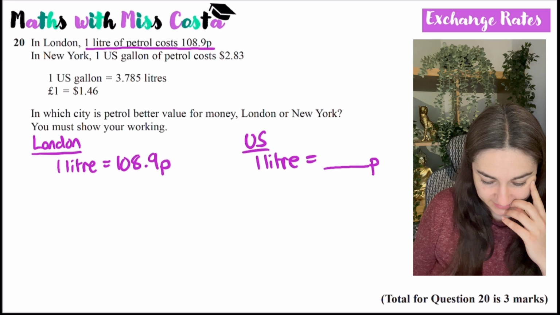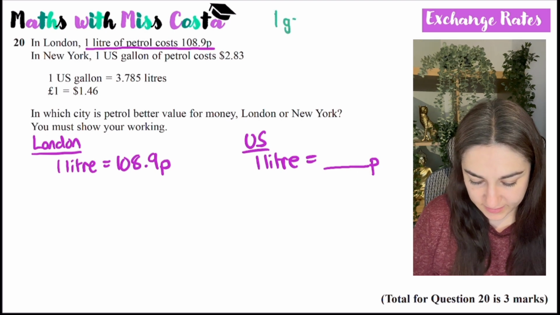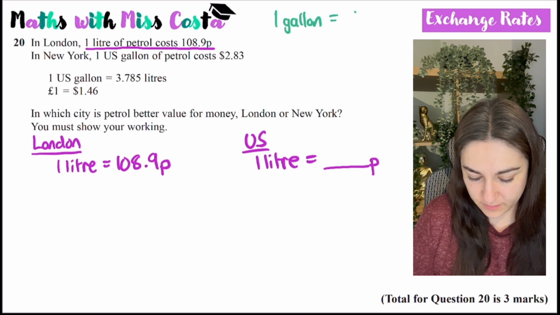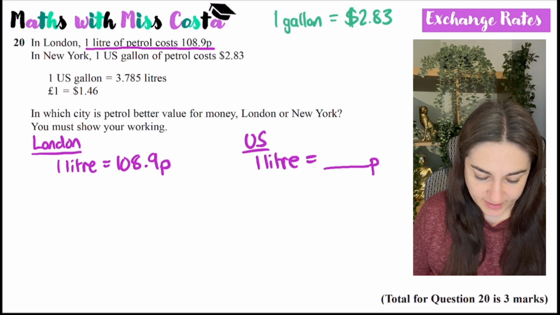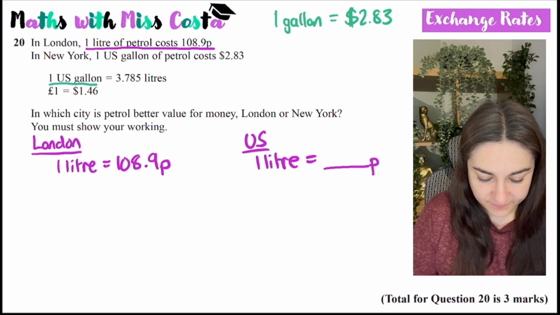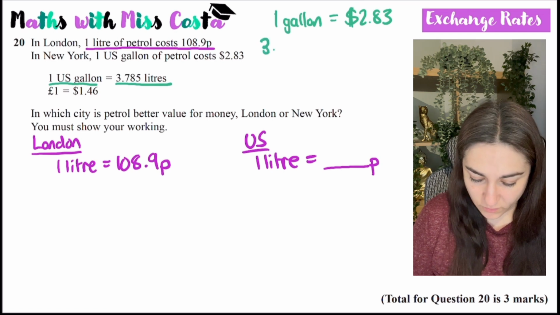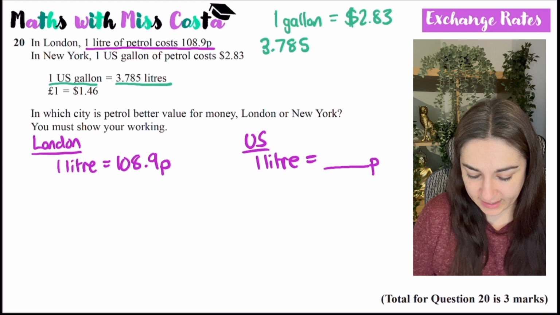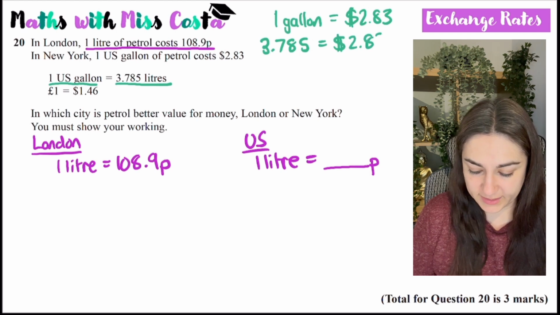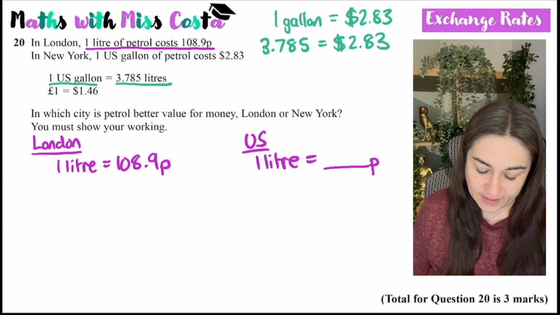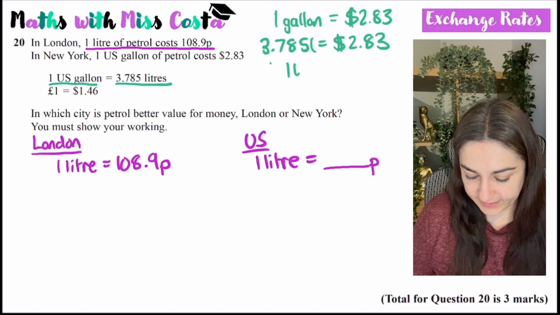Okay, so where can we start? First of all, I know that 1 US gallon costs $2.83. And I know that 1 gallon is equal to 3.785 litres. So therefore, I know that 3.785 litres costs $2.83. Now what I could do is try and figure out what 1 litre is.